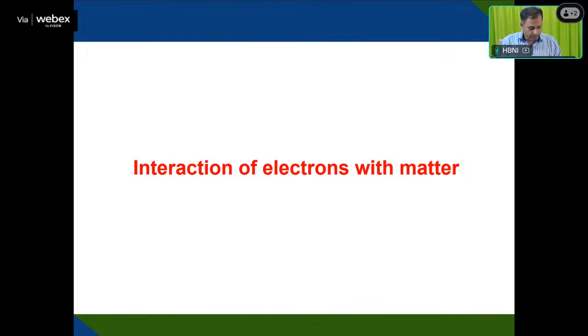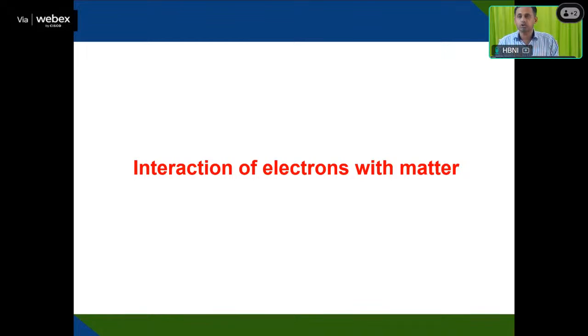Pair production gives rise to positron annihilation spectroscopy. From X-rays, there are also X-ray scattering and X-ray diffraction techniques, all of which come from the interaction of X-ray or gamma ray with the materials.